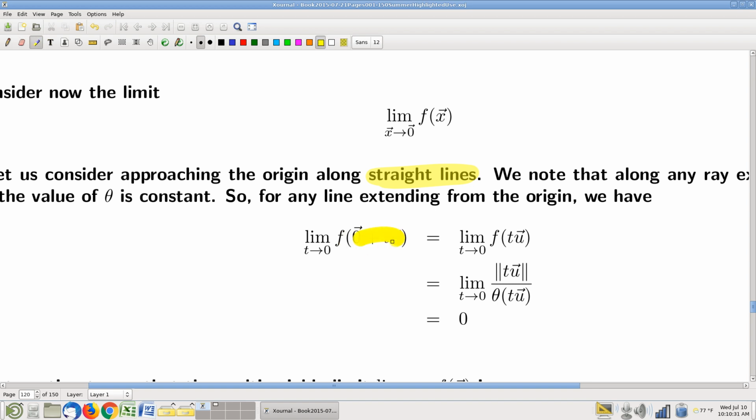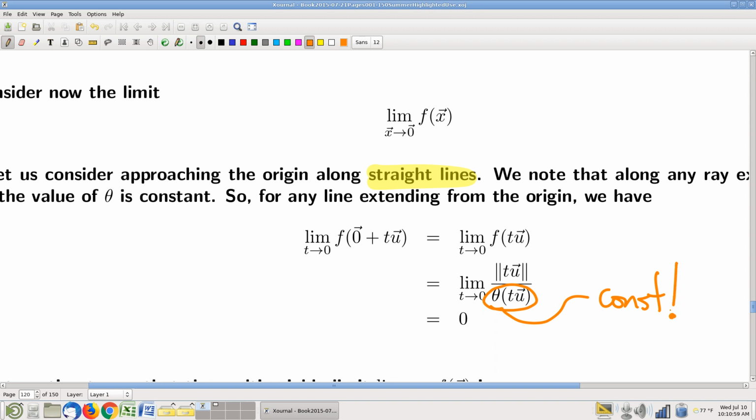We'll plug tu into our function. The function is, again, magnitude divided by angle. And now, let's think about this. This is a straight line. Because this is a straight line, this theta is a constant along that straight line.